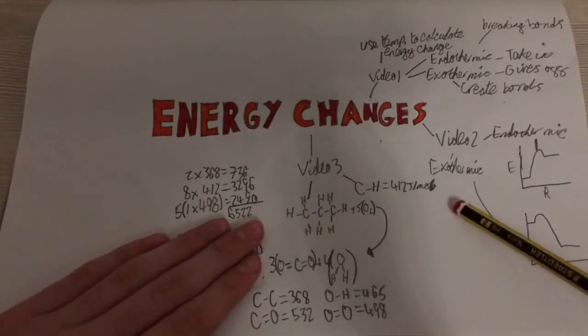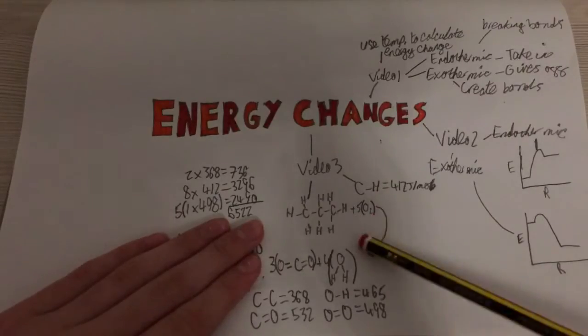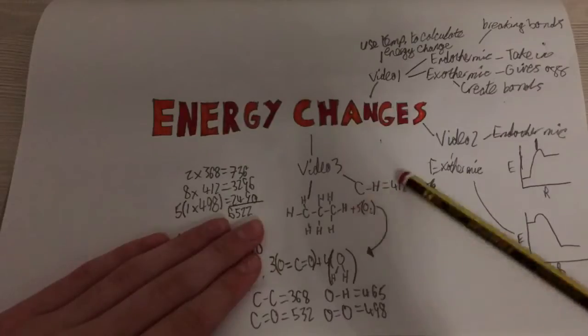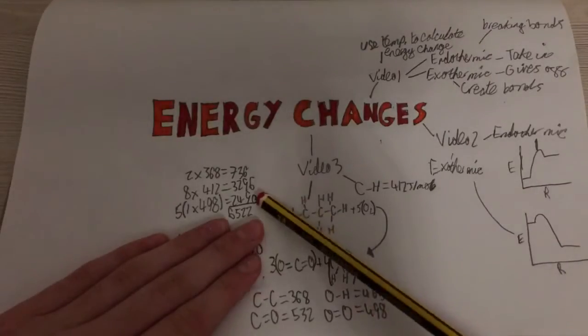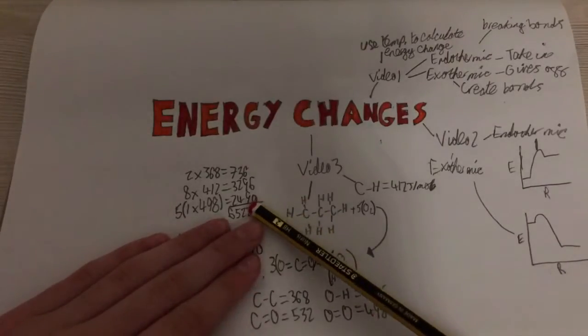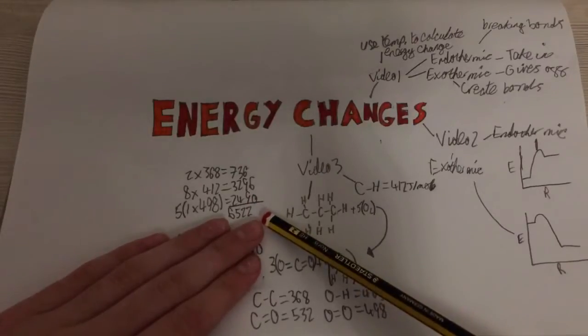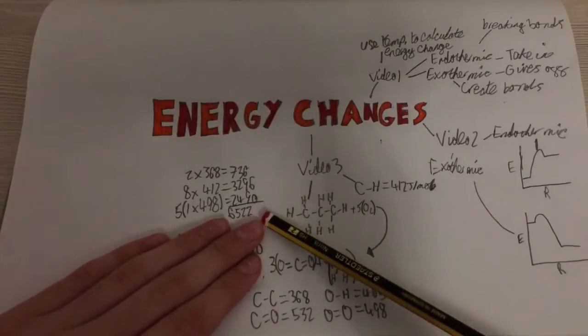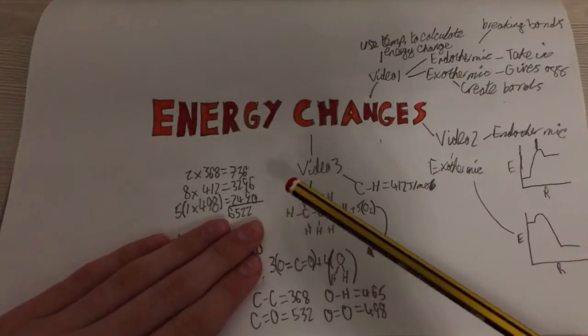Then you've also got 5 lots of an oxygen-oxygen double bond, which is 498 kilojoules per mole, which should give you 2,490. If you add all those together, you should get 6,522 kilojoules per mole, and that will be taken in to the reaction to break all the bonds.